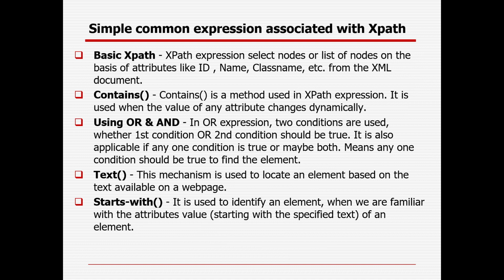Maybe 7 days back you did not let me know when you were trying to meet me. So you are coming from Delhi or Bangalore to Kolkata airport, to my city, my zip code, then my street, then my complex, and my flat. That is called absolute Xpath, from parent to child, to child.